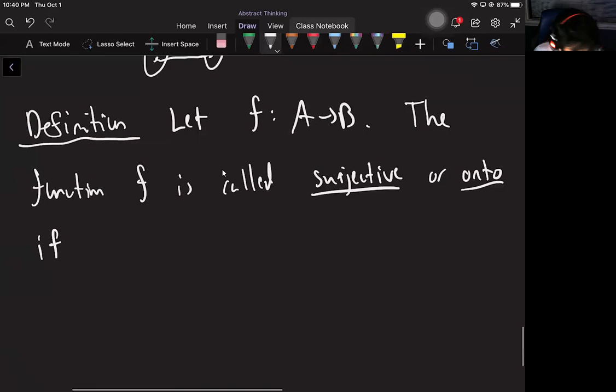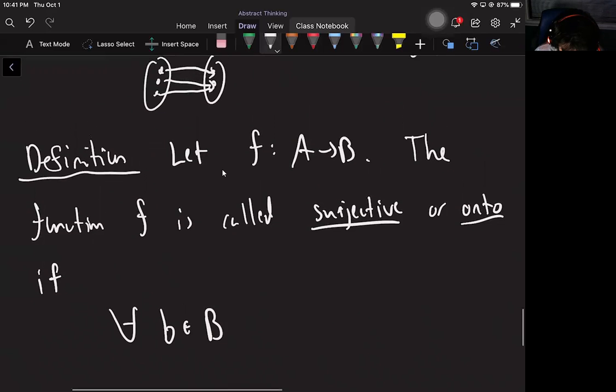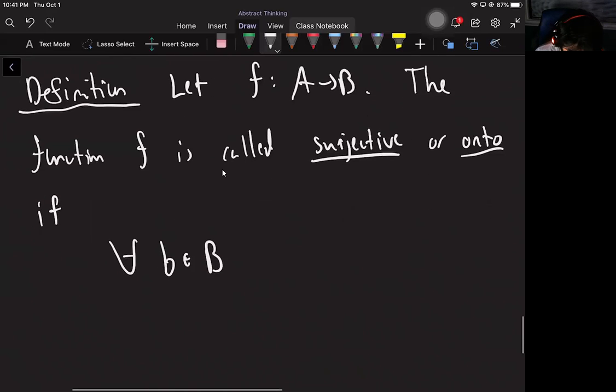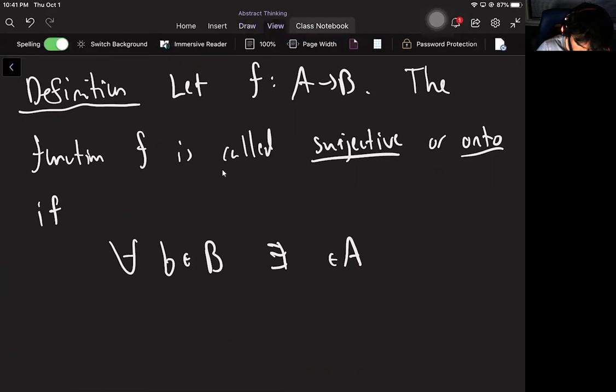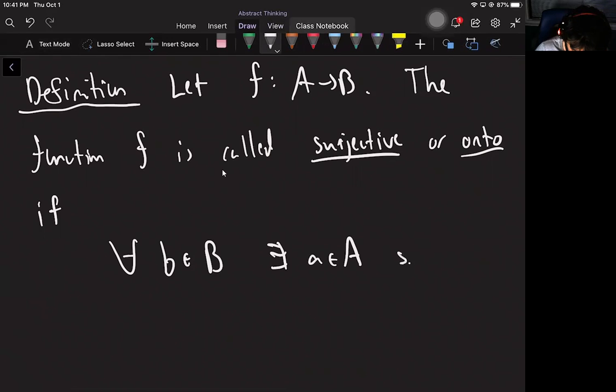So how do I say that in a fancy math way? Well, I'm talking about things in the codomain, and what I'm trying to say is that all of them get hit. So for any b in the codomain, there exists an element a in the domain that can hit it.